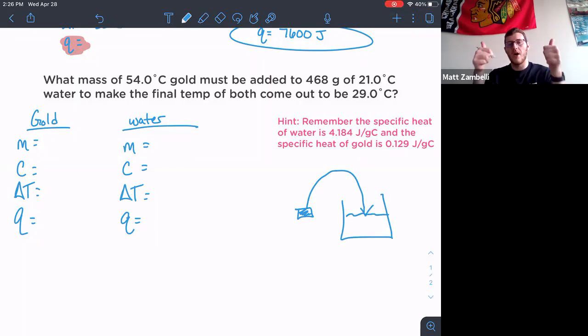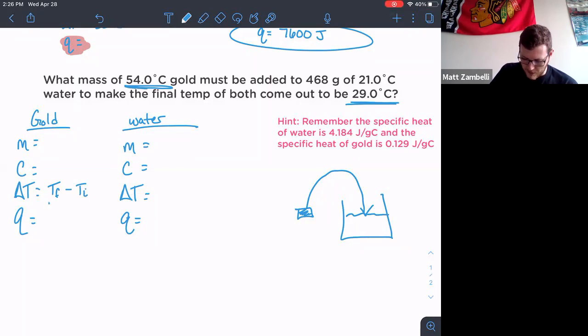And so did the temperature go up or did the temperature go down when we put the gold in the water? It went down. Awesome. And it went down to 29 degrees Celsius. So it made it down to 29 degrees from 54. So we're finding our change in temperature by doing our final temperature minus our initial temperature.